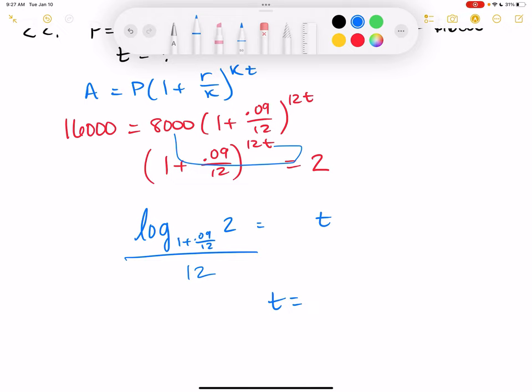How do you even plug that in? When you do the log base, in the little base box, you can just literally type that in. It'll do it. I would just use parentheses around the 0.09 divided by 12 if you didn't already divide that.